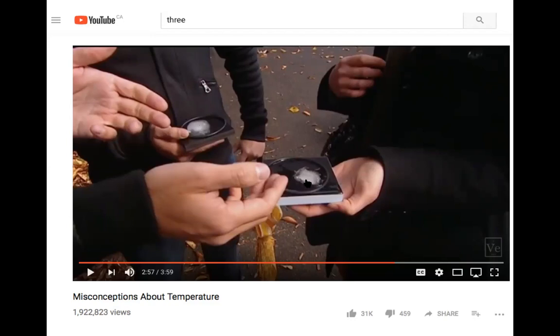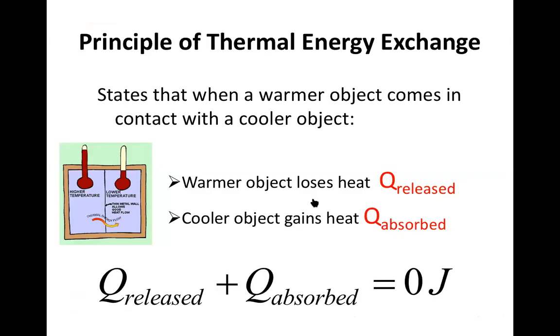Again, it comes down to the cold in the metal being sucked into the ice cube more quickly to provide the energy required to melt it. So the reasoning is that the specific heat capacity of the metal is low. The point of showing it to you is to remind you that when you feel temperature with your hand, you're really detecting how quickly thermal energy is being removed or added.